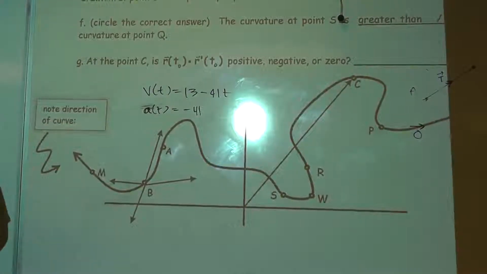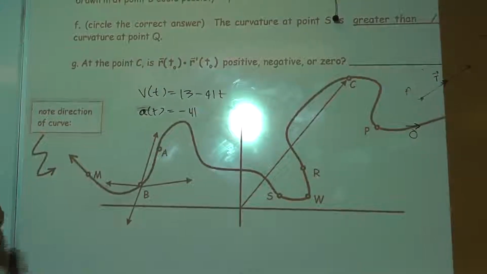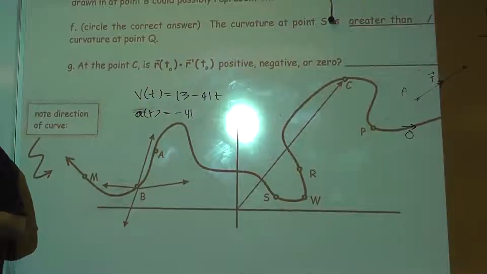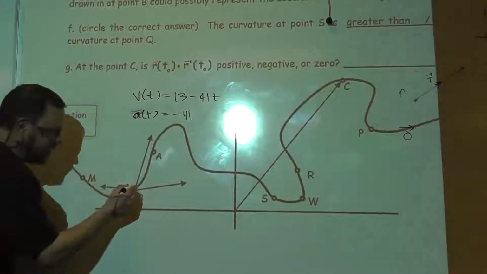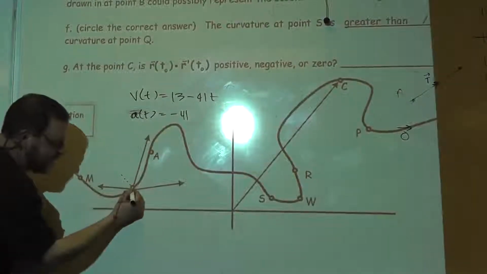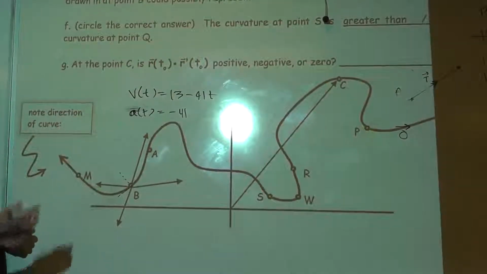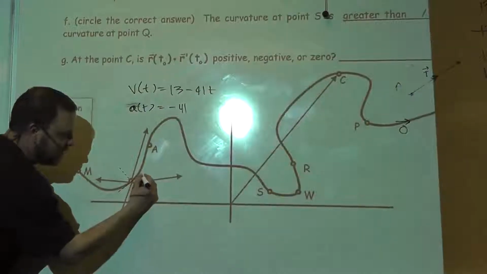Of these 2, which one could possibly be your acceleration, the top one versus the bottom one? Because of the normal curvature, at this point your normal component will be pointing this way, and apparently, according to this, your unit tangent vector will be going this way. But the tangential component of acceleration would most likely be negative.